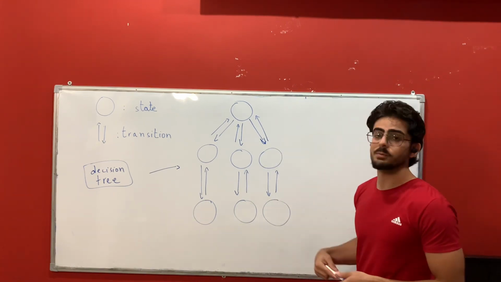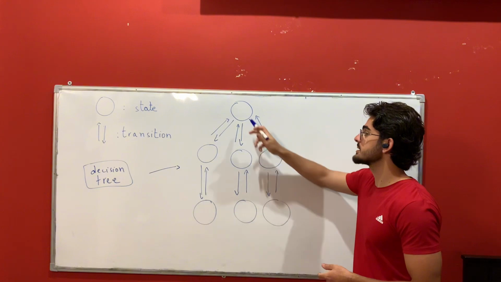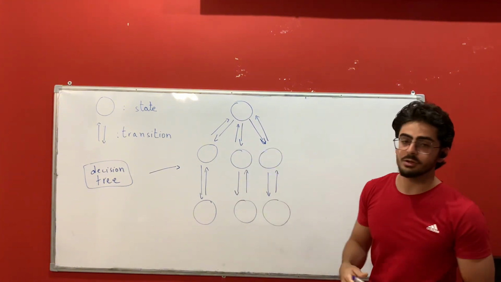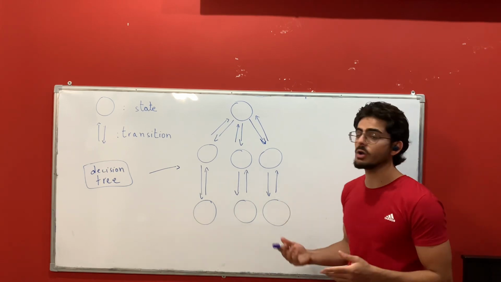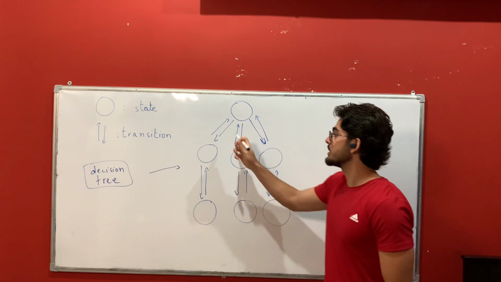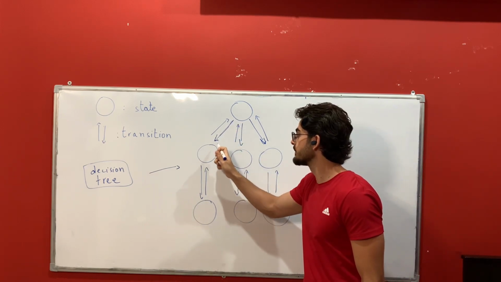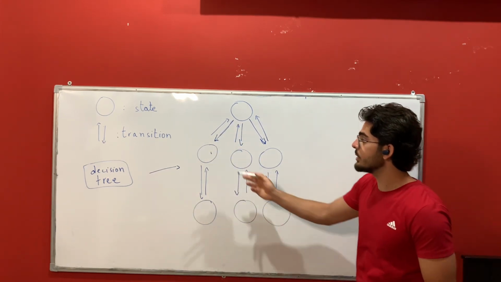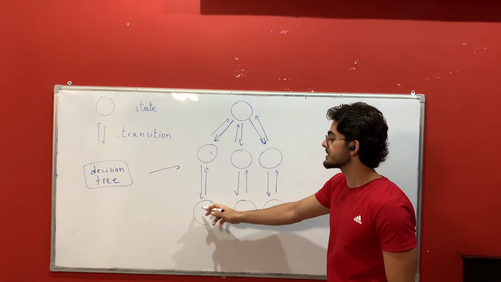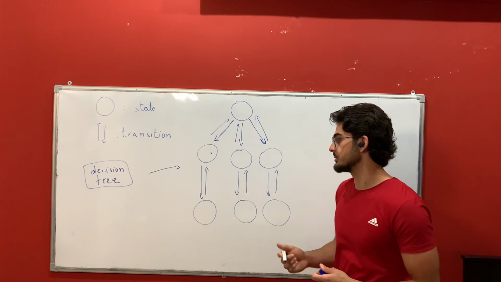Let's say you launch your program and you are initially at this state. You have three choices to make in order to solve the problem. You don't know at which state the solution exists. Let's say you go down this path. Now you are in this state. Then let's say you also went to this state in order to discover the solution.